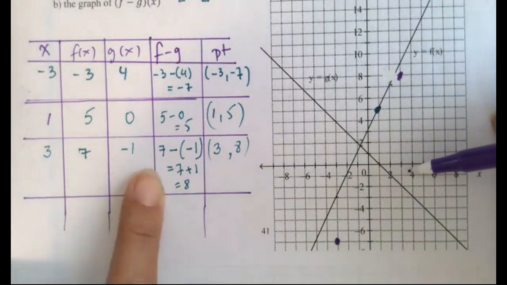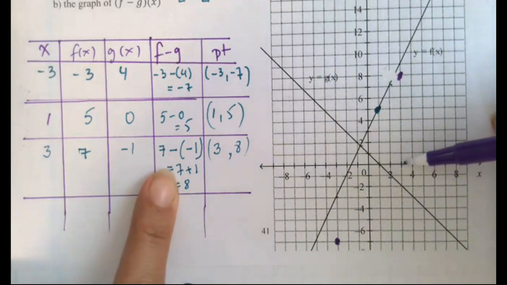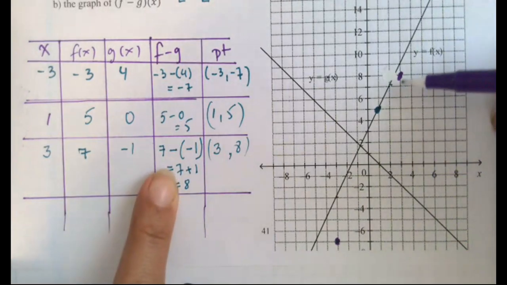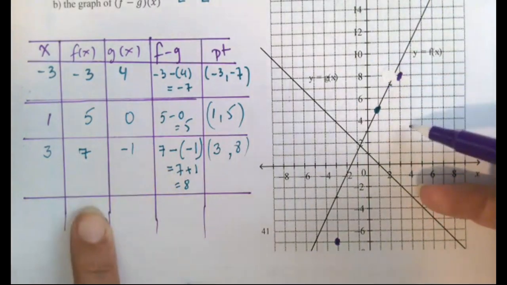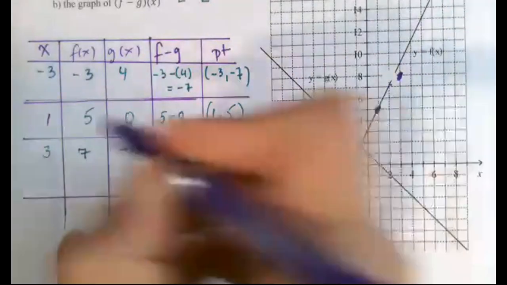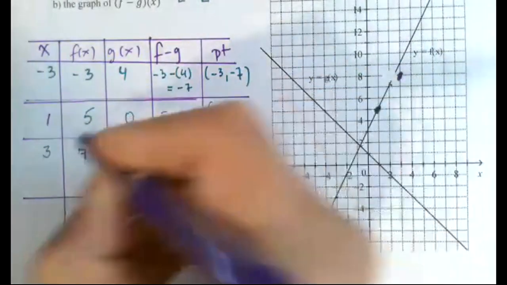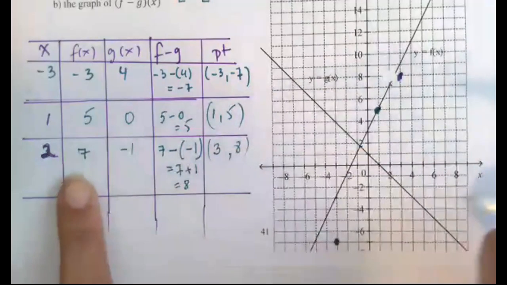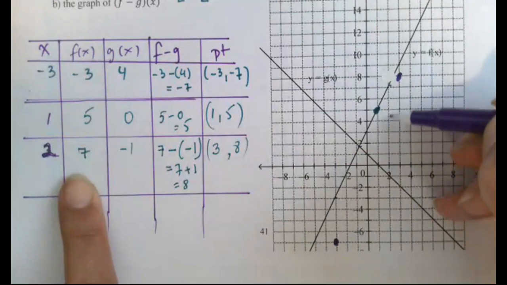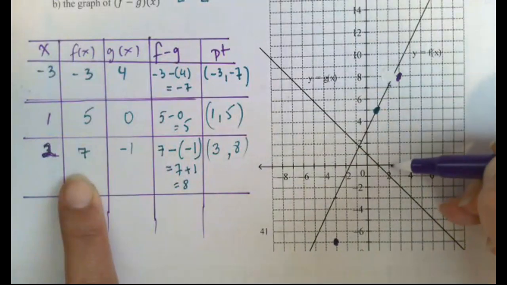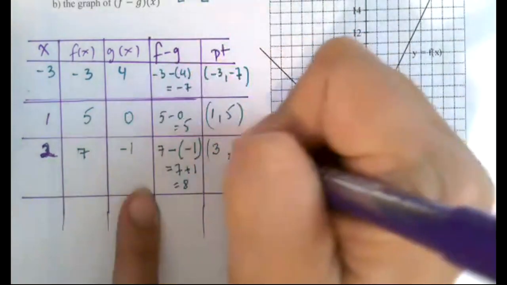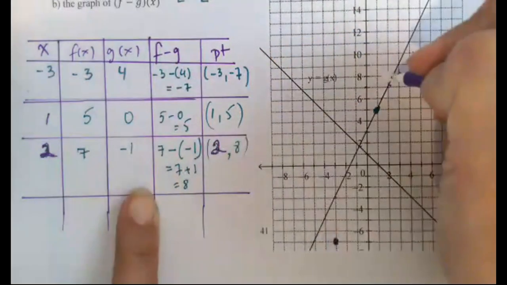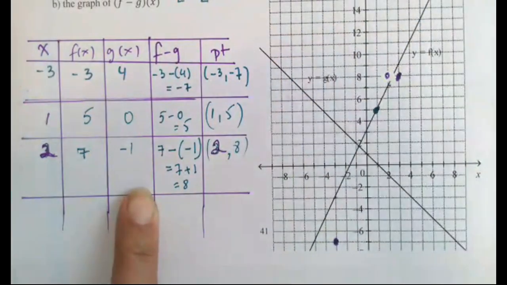Maybe we read it differently. Maybe I was looking at 2 for the other one too. Yes, it's 9 and not 7. I was looking at 2 to begin with. So let's put this one at 2 here. So 2 was at 7, and then I read -1. Yeah, I was looking at 2 when you said 3. So (2, 8). We're going to leave it alone and we can do the 3 together.